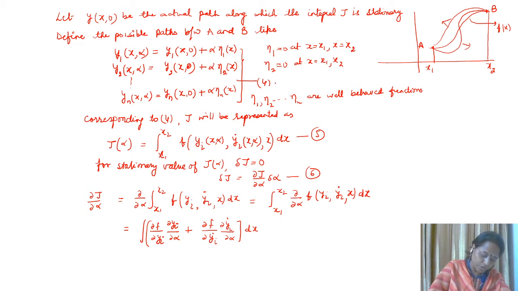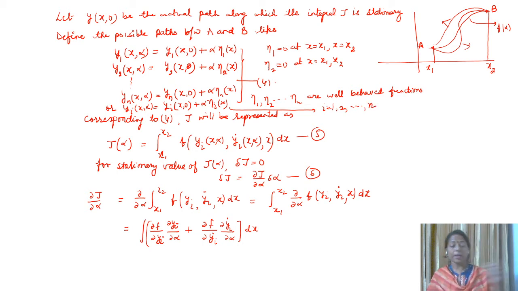This yi may be written in short as yi(x, alpha). Combining everything, we can write it as yi(x, 0) plus alpha eta i(x), where i is going from 1 to n.